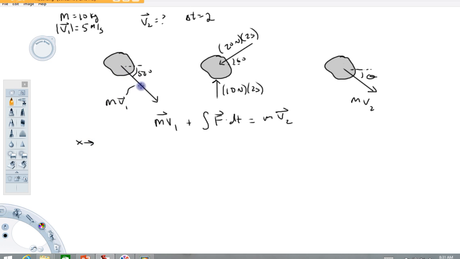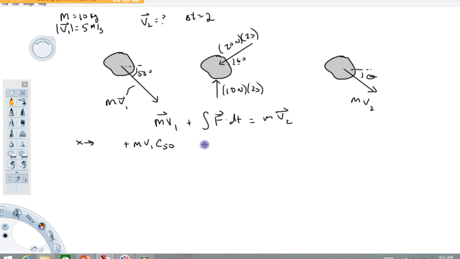So when I look at my initial momentum vector, we're going to have mv1 cosine 50. And that's positive because that vector component points to the right. Now I'm going to look over here at the impulses. This one does not have an x component. This one does.